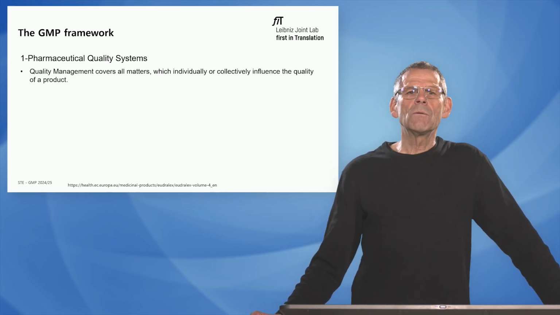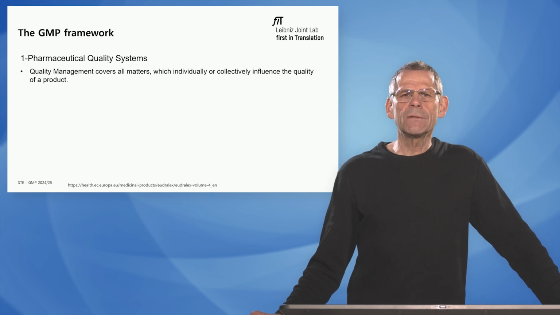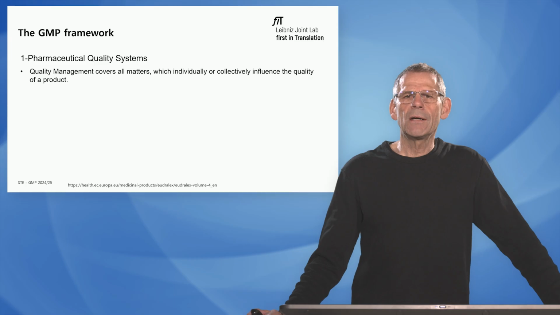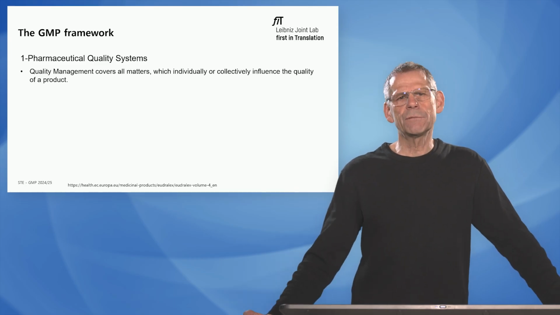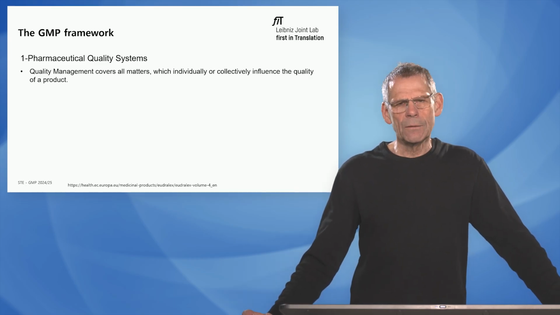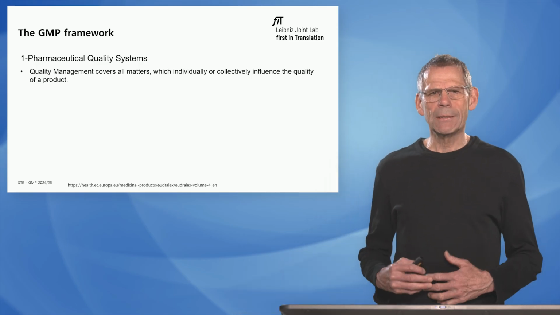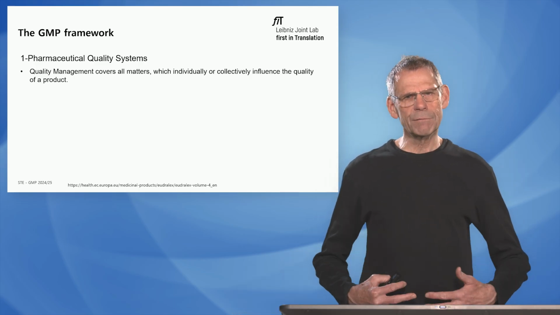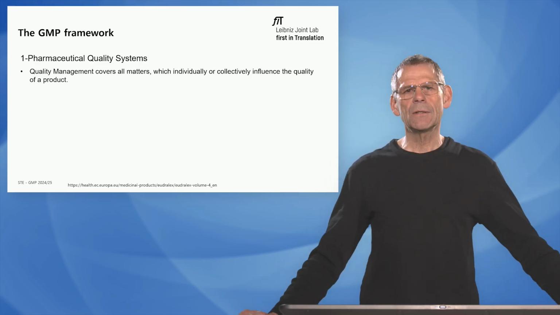A pharmaceutical quality system is a management system that covers all matters which individually or collectively influence the quality of the product. So it's everything which might happen to the product, to the staff, the environment during the manufacturing.